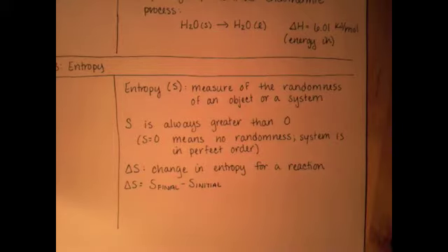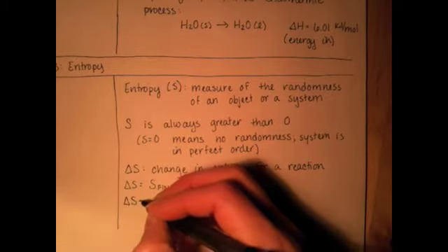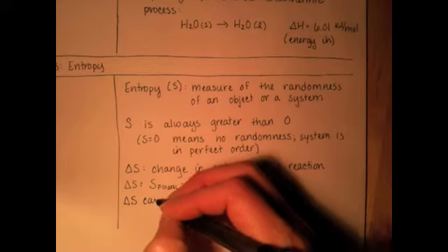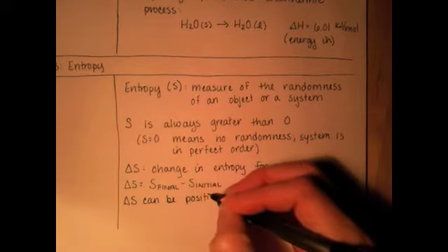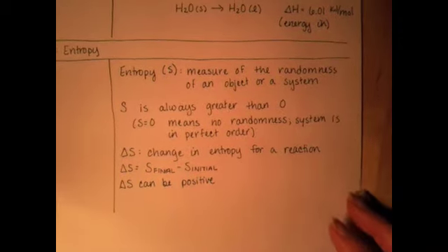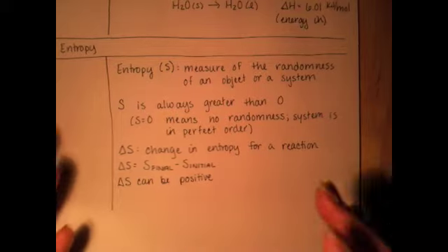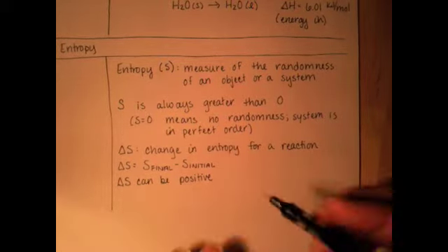The values of entropy are tabulated in the appendix in the back of your book, so you will calculate it just the same way you would calculate a delta H. Really simple calculations. And again, the value of delta S can be positive if the process increases in randomness, or if the products are more disordered than the reactants.